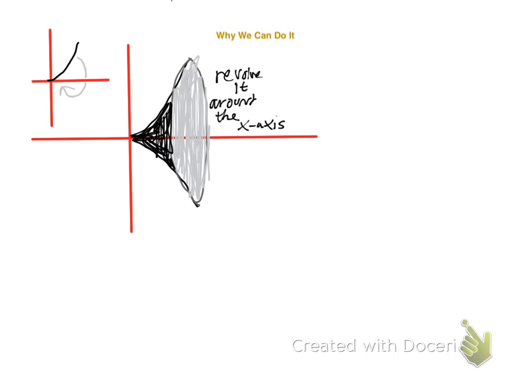It leaves trails of it. When it finally reaches where it started, it has created this three-dimensional solid that is symmetric about the x-axis. So you have the parabola at the bottom and then a parabola at the side.